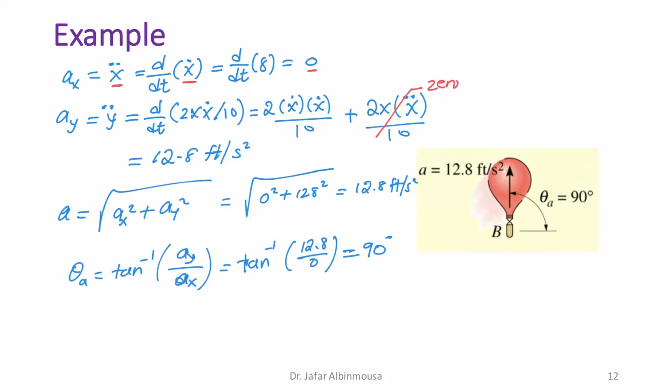And this is represented to you over here as the angle being measured from the x-axis, 90, so the direction of the acceleration is going upward. And if you remember from the sketch, the path was going somewhere in this direction. So again, the direction of the acceleration is not necessarily pointing tangent to the path of the particle.